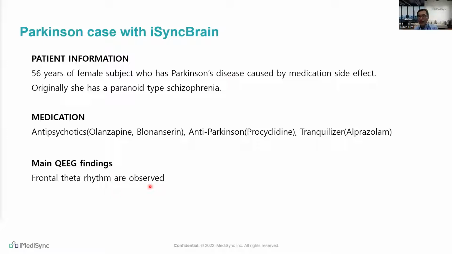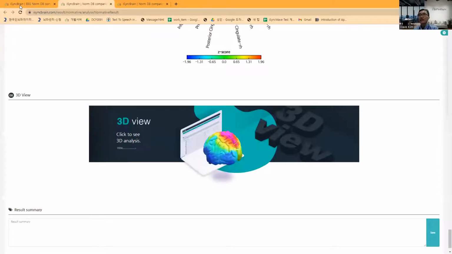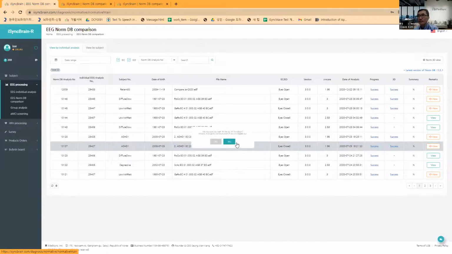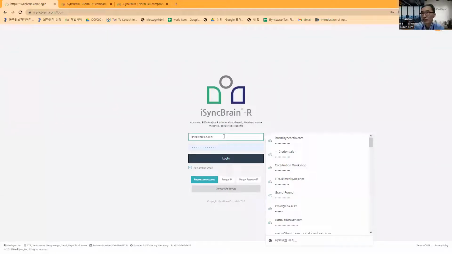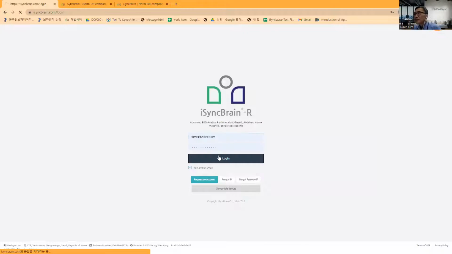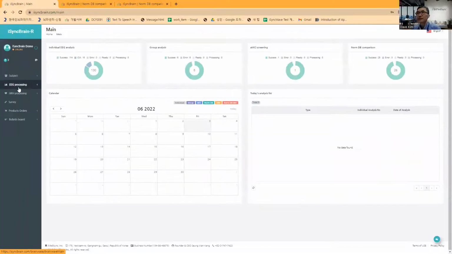we can see it together in the iSync brain site. I can navigate her EEG here.